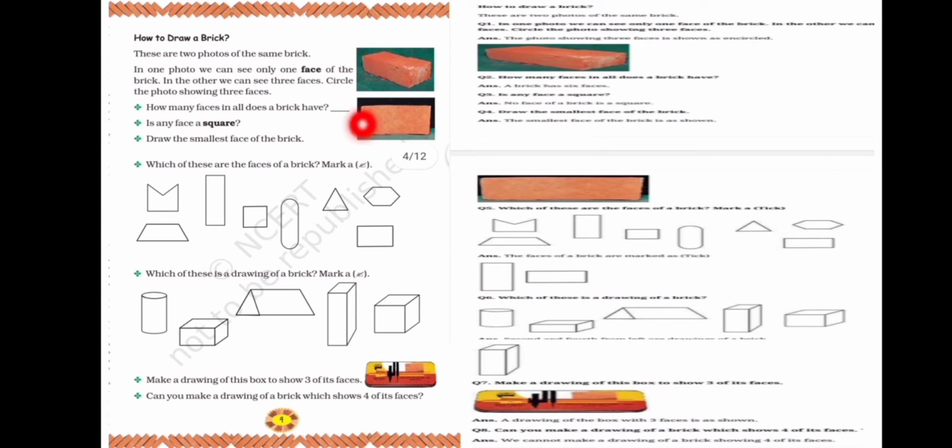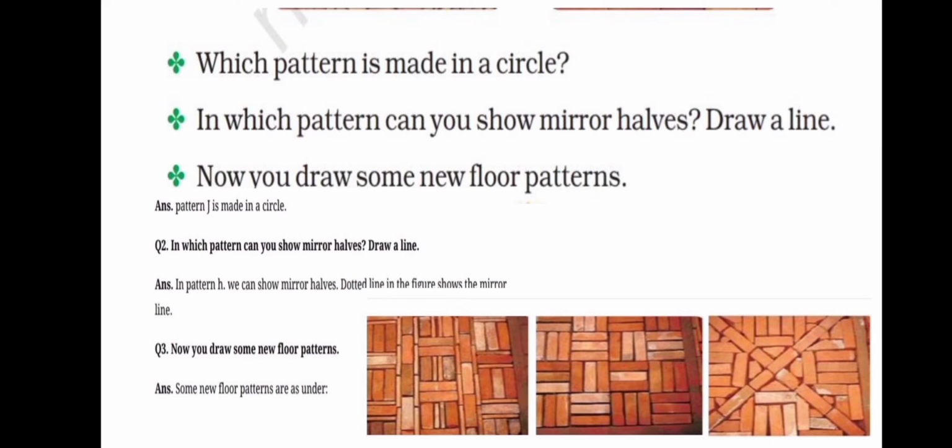Here both are pictures of the same brick, and the question is which picture shows three faces of a brick. If we observe, here only one face is given, but in this picture 1, 2, 3 faces are given.